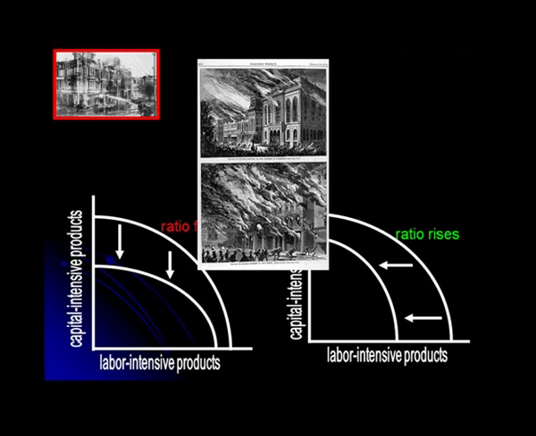Next up, the Great Chicago Fire, October 8, 1871. Fire destroyed 3 square miles of the city, including 17,500 buildings valued at over $250 million. It represented a third of the buildings and half the total property value of the city of Chicago at the time.